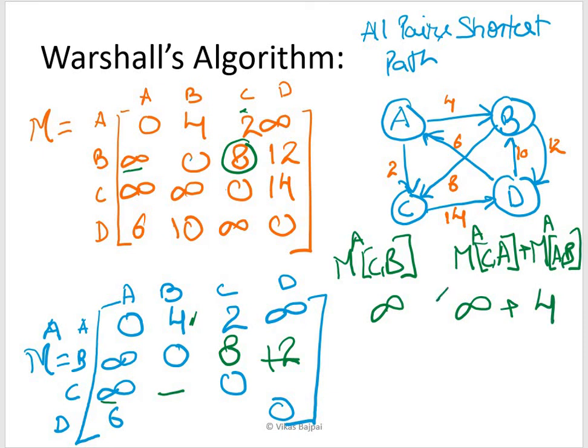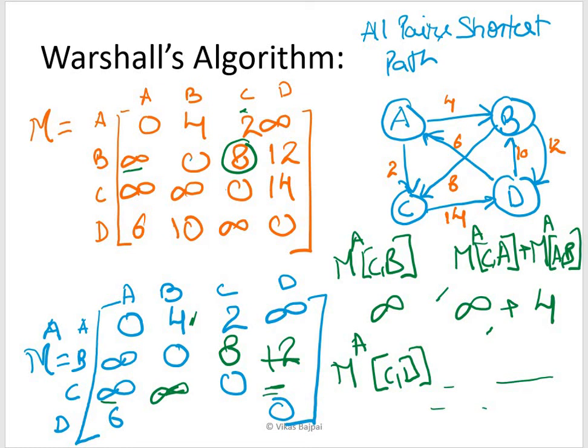So this particular thing remains as it is. Let's fill it with infinity only. And for this we have M of A, C comma D, for which I'm going to go for this and this. We can keep on filling these values, and then ultimately we'll get the final matrix.